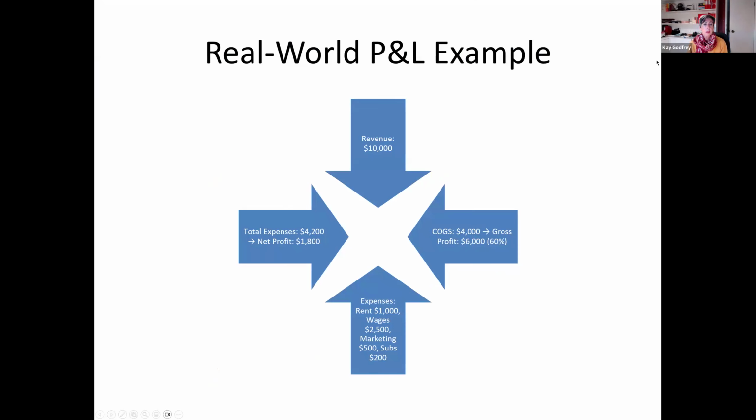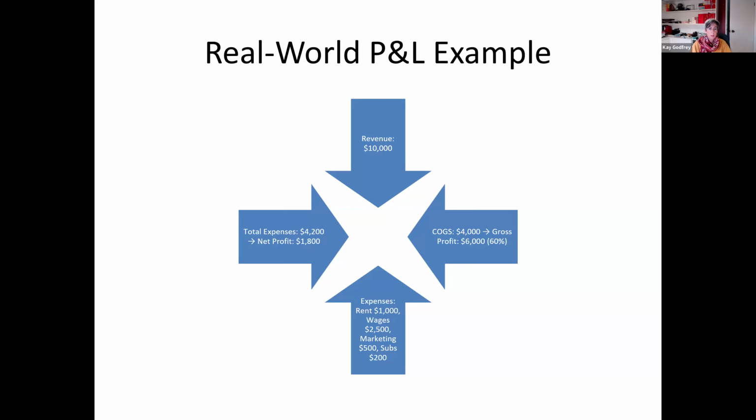So to continue with maybe another example, let's say we've got a business with $10,000 revenue. Cost of goods sold is $4,000. So their gross profit is the difference between the two. The difference between the 10,000 and 4,000 is 6,000, which is your gross profit.